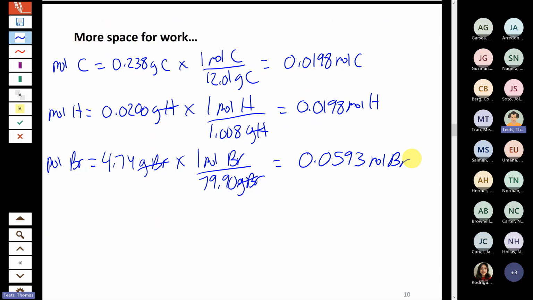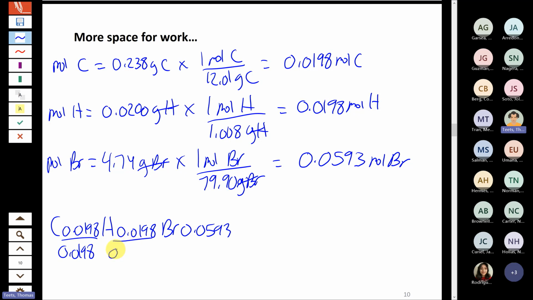Then we just have to find the smallest ratio to get it as an empirical formula. So the smallest of those three numbers is the 0.0198. So we're going to divide all of them by that. I'm going to get CHBr3.